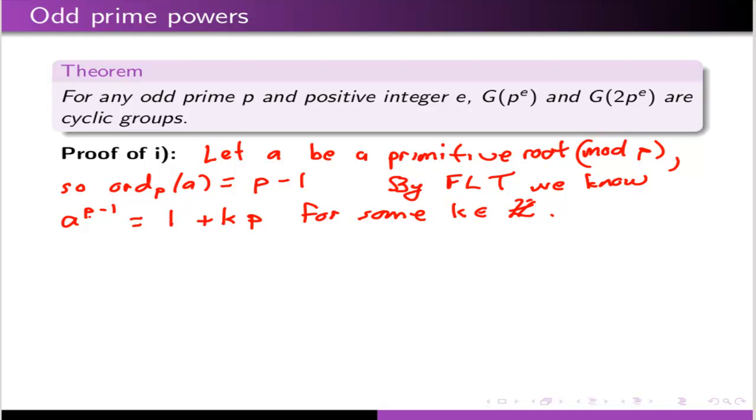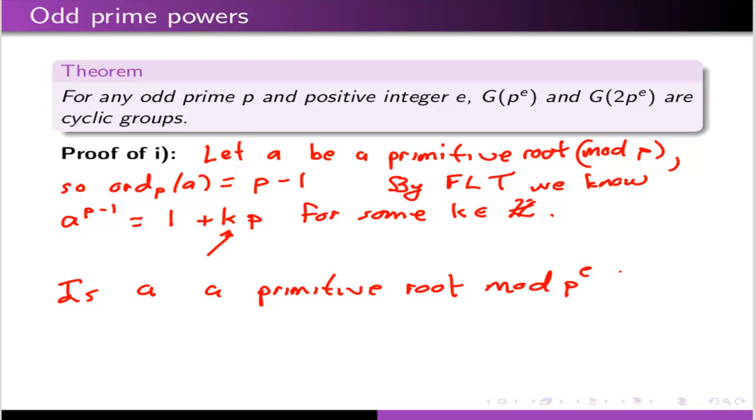Now, we're interested in whether p divides k or p doesn't divide k. So let's outline then what the strategy is. We want to know, is a a primitive root mod higher powers of p?